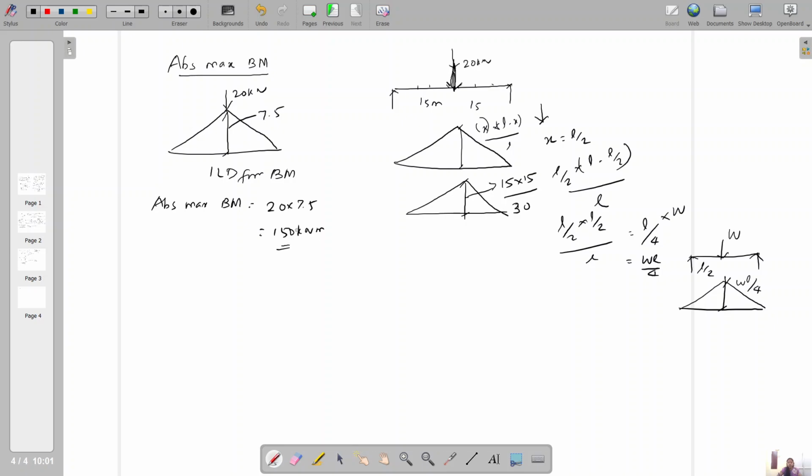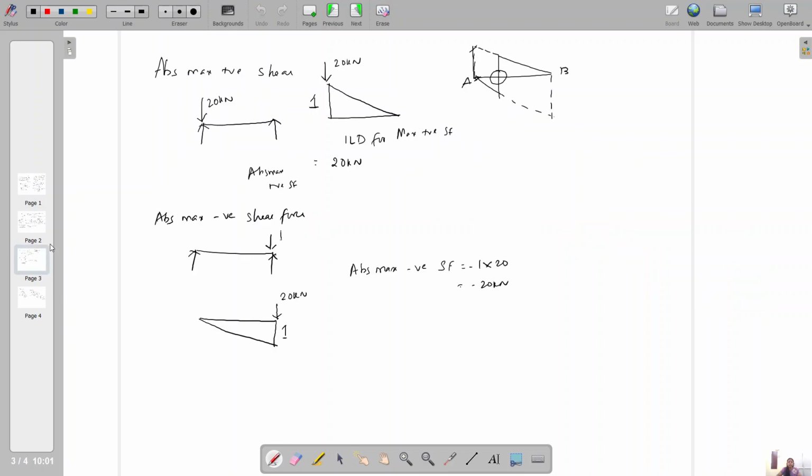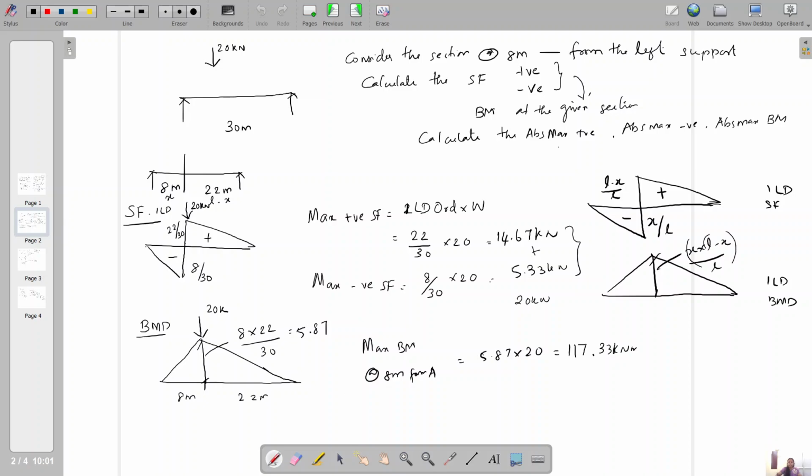So this problem is a very simple problem. It is only for your understanding. This problem can be asked with 2 marks only. Okay. If you observe this absolute bending moment value 150, in the previous case, we have calculated the bending moment at 8 meter from A. It is only 117.33 kilonewton meter.